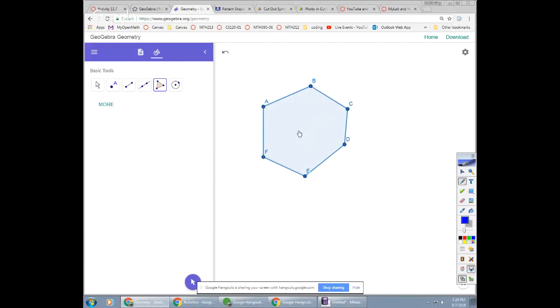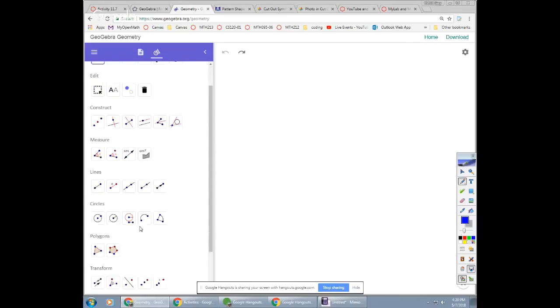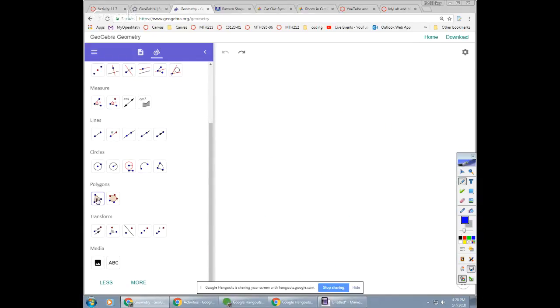Going back to where you started completes it. More tools gives me a whole bunch of other options. And under polygon, I can draw any old polygon, or I can make a regular polygon. So let's see, which was the last one we were looking at? A nonagon, the 9-sided.